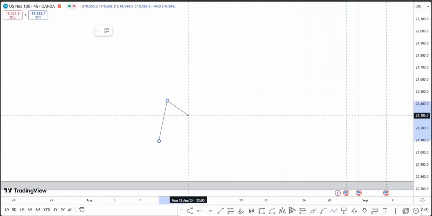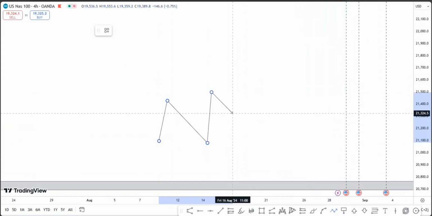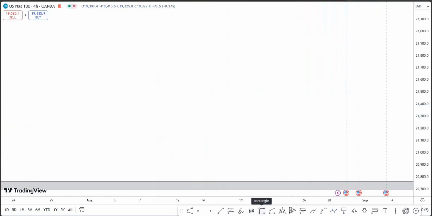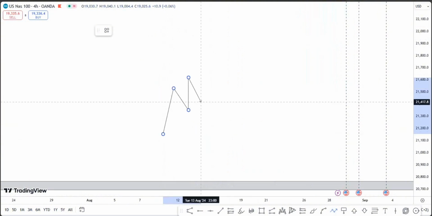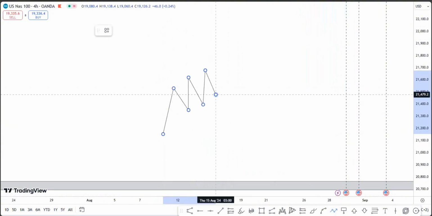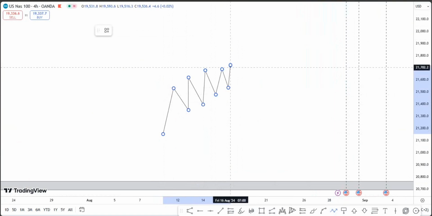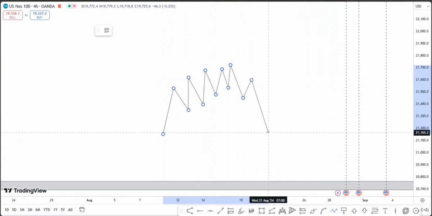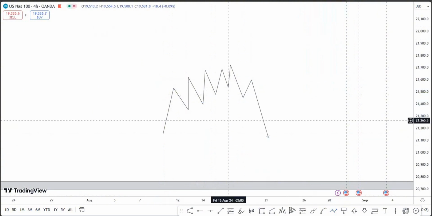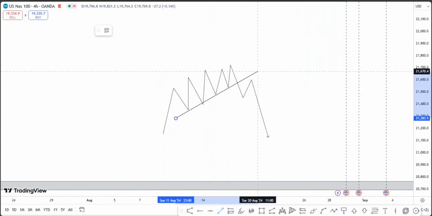So let's say maybe we have a, sorry guys, I told you guys I don't know how to draw, but let's try. Okay, this is an uptrend. As this is an uptrend, I want to show you guys the entry types.